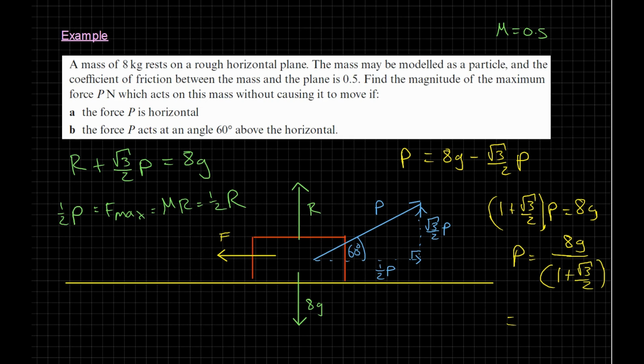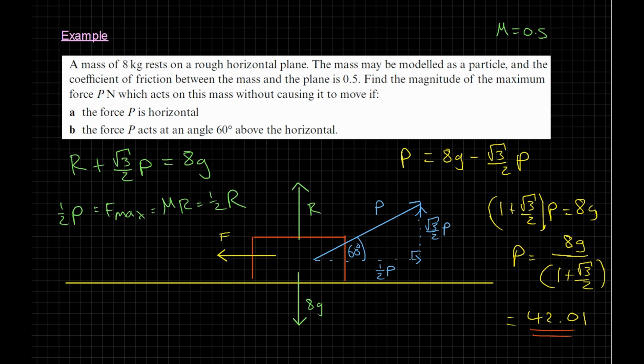That's 8 times 9.8 divided by 1 plus, I'm just going to use sine 60 instead of writing root 3 over 2 because that's faster. Right, we get 42.01 roughly speaking. Okay. Cool, and that's our value. That's the largest possible value for P.